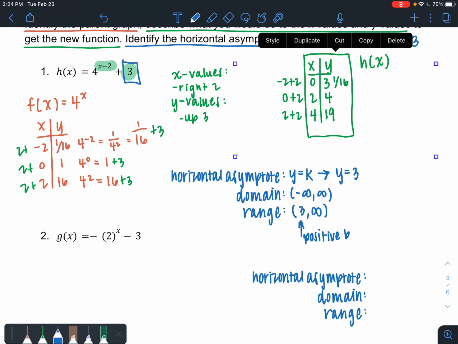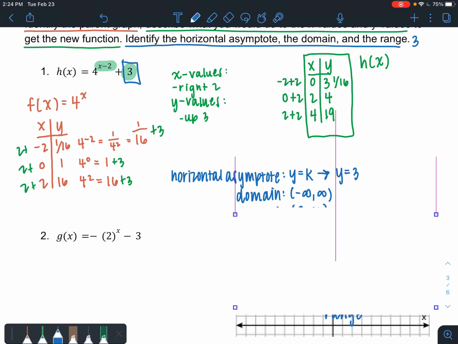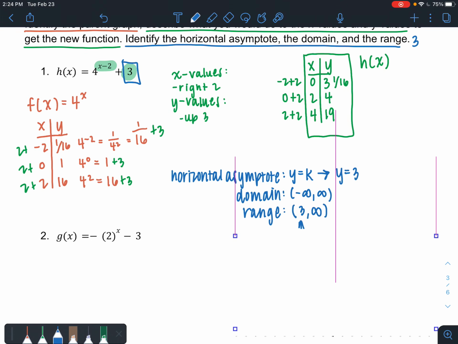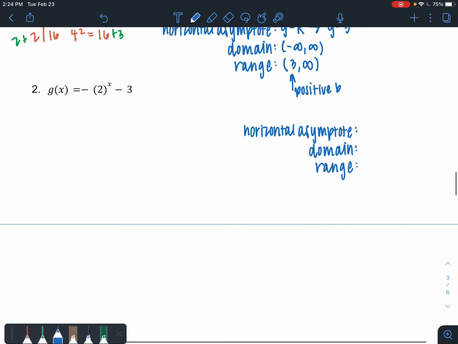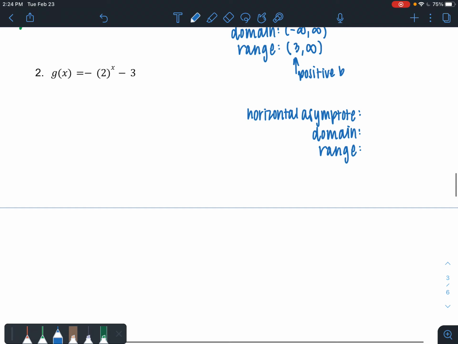All right, let's do another problem, clean it up a little bit. All right, here we go. So first, we want to talk about our parent function.